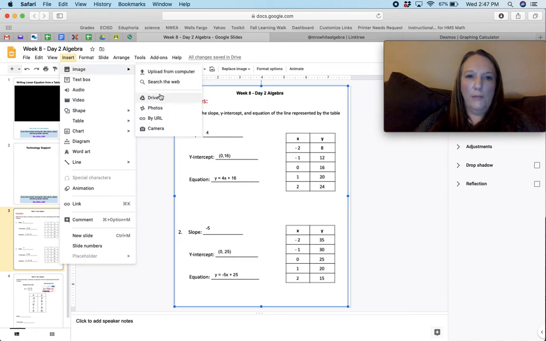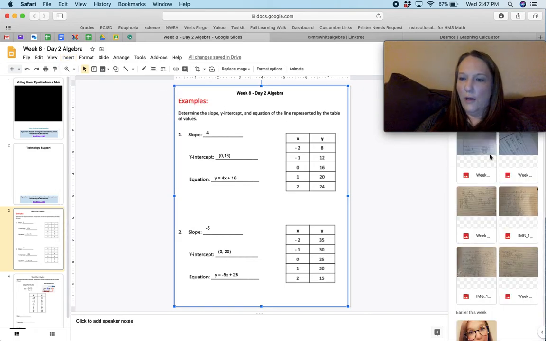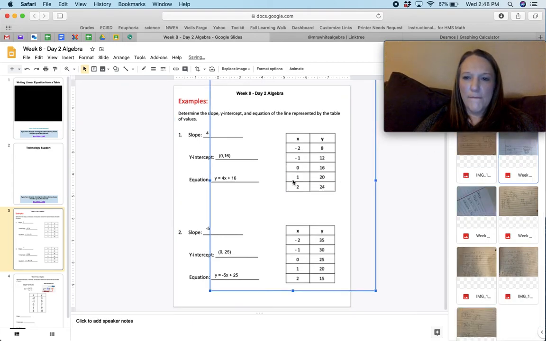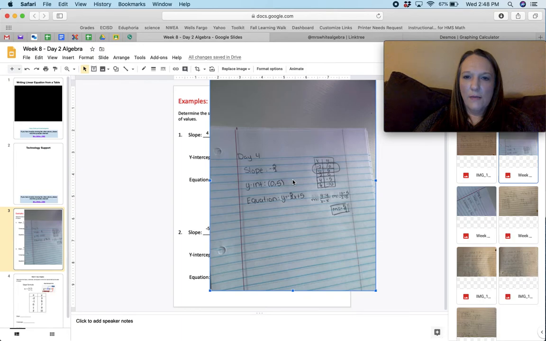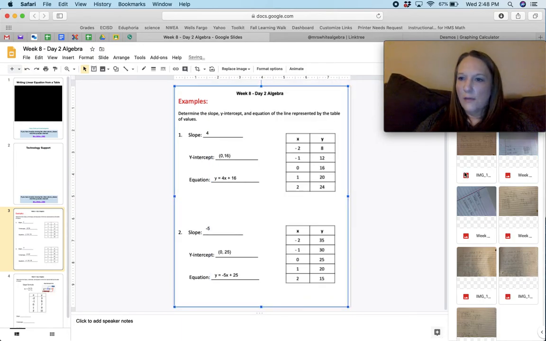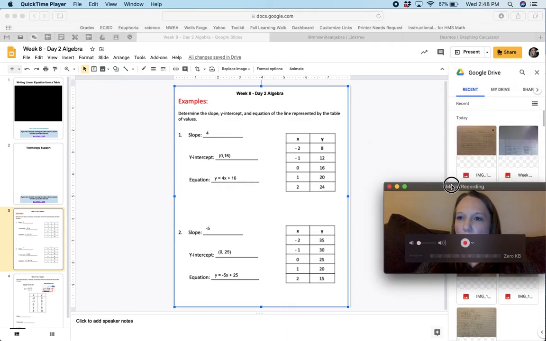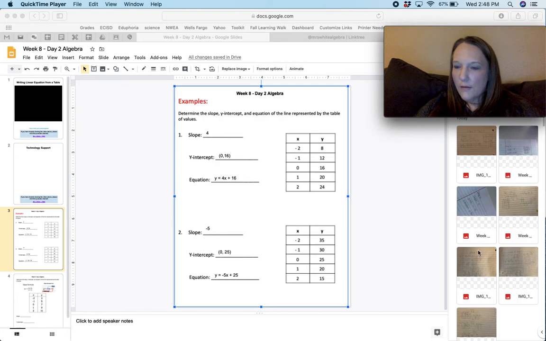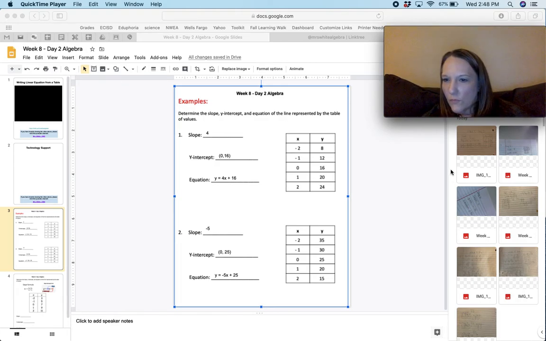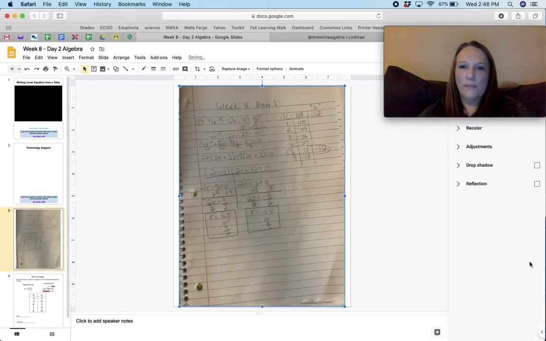So I've already uploaded them into my drive. That's not it. Somebody sent me some work, so it's on there. Let's see. Looks like it might be this one.